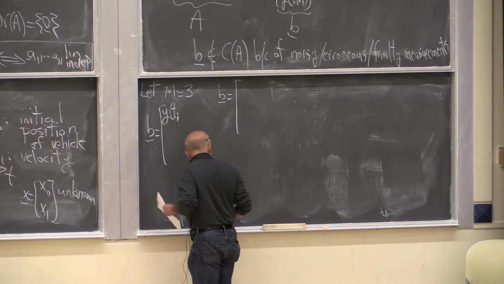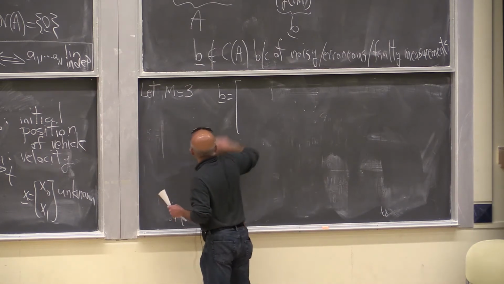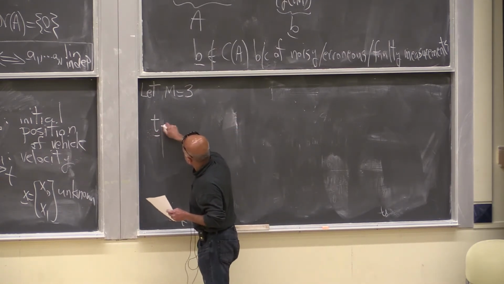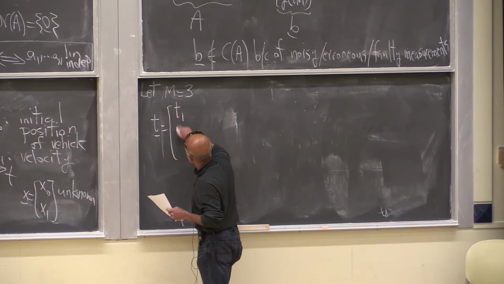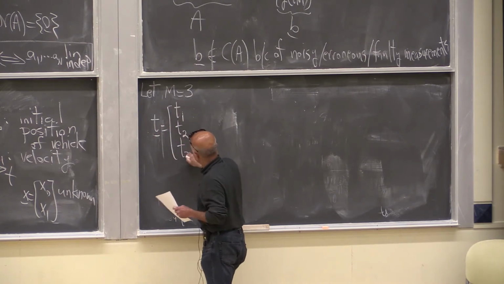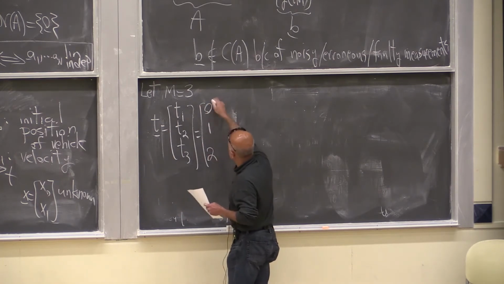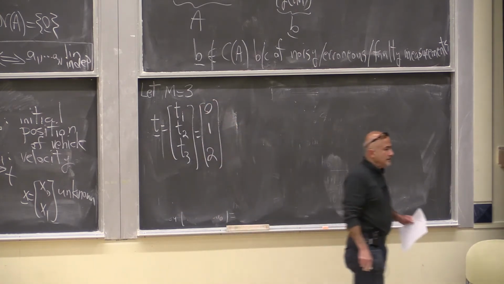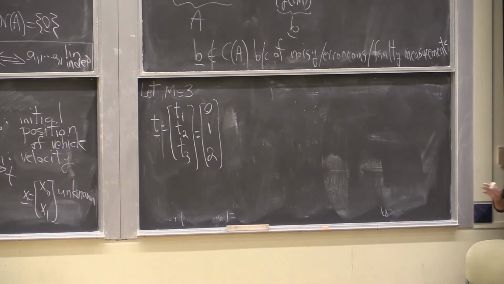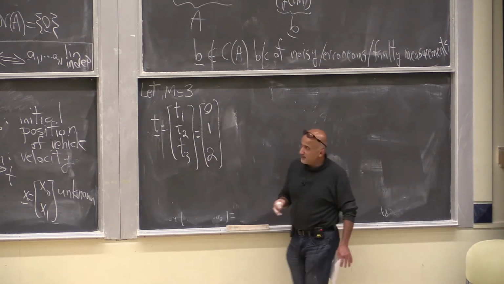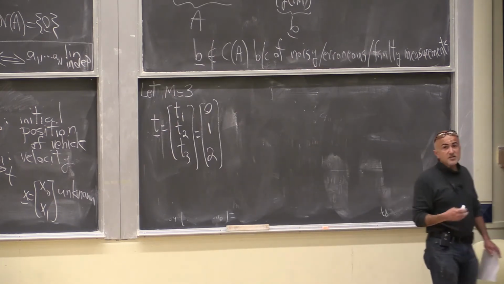First of all, my time instants T1, T2, T3 are 0, 1, and 2. It's kind of silly because I'm measuring at the initial time, but remember our measurements are faulty.